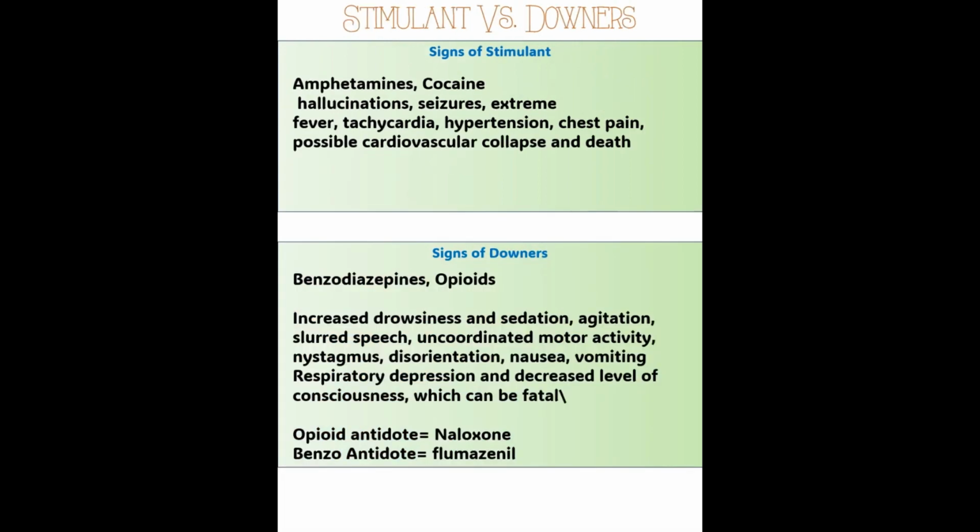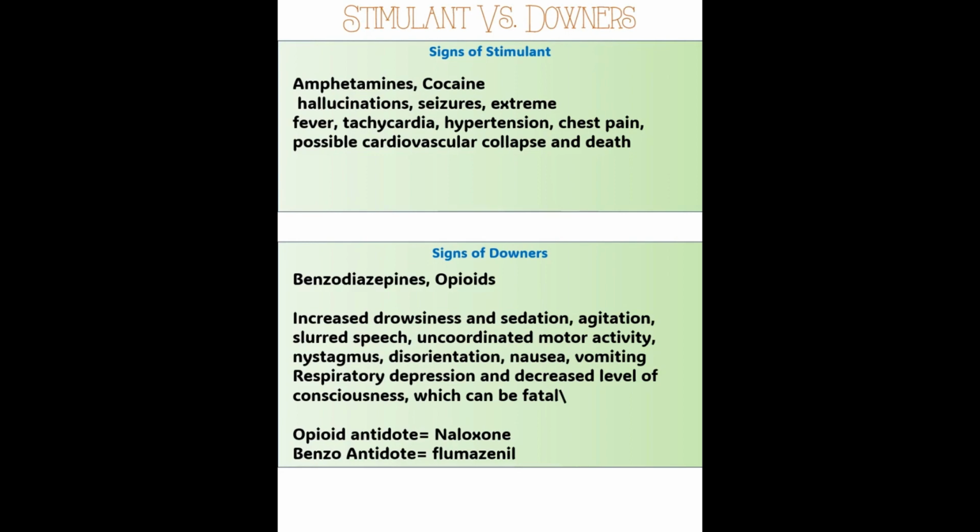So now we have our stimulants versus our downers. Our stimulants are going to be things like amphetamines, cocaine, can be hallucinogenics, things like that. We're going to have manifestations of hallucinations, seizures, extreme fever. We can have tachycardia and hypertension.